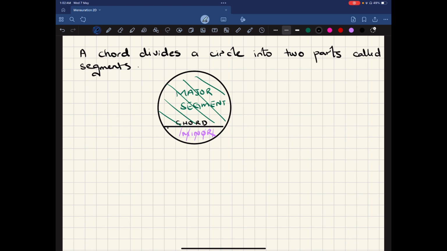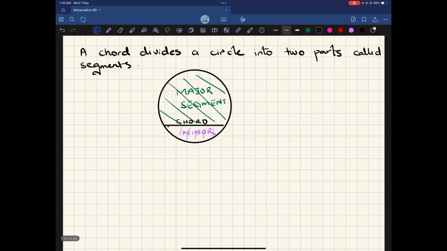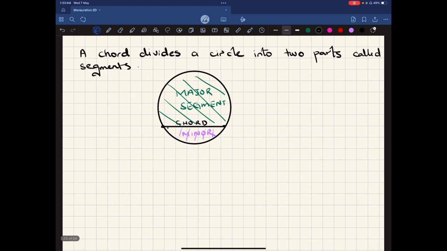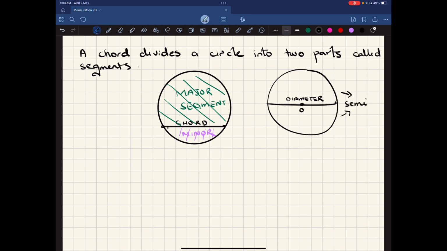A chord is basically a line segment with its endpoints on the circle. A diameter is the longest chord, and it would divide your circle into 2 equal parts called semicircles. So when the chord passes through the center and it is the diameter, it divides your circle into 2 equal parts known as semicircles.